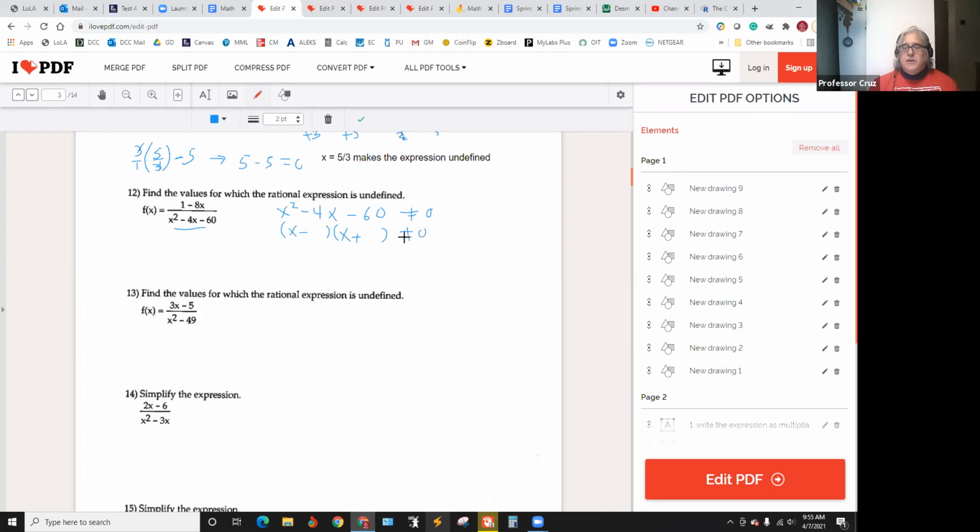All right, so let's see. 15 and 4. Let's see. It's obviously not 60 and 1, because that's going to have a difference of 59. 30 and 2 is not going to work, because that's a difference of 28.